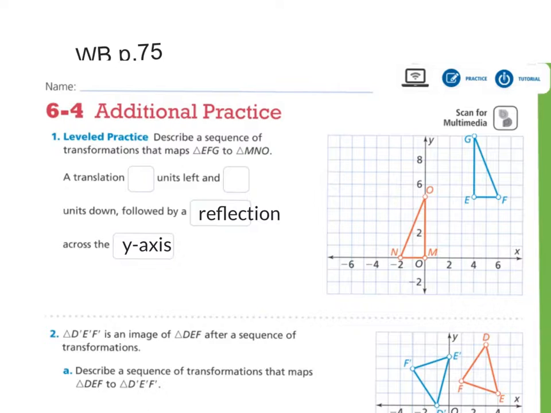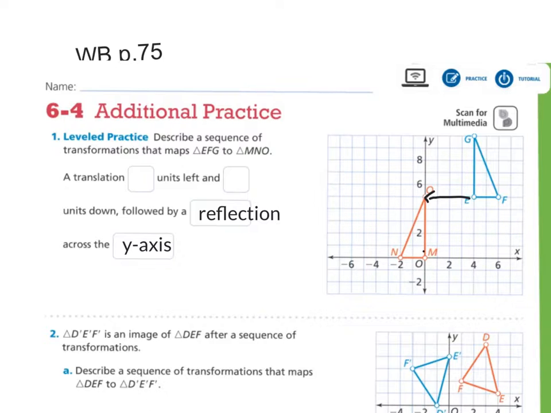If we weren't being guided on this, I might just do a reflection first and then do some translations, but since they said do this order, then we need to do this order. Okay, so if we're reflecting across the y-axis, notice O and M are right on the y-axis, so when we're translating this, we're going to have to translate and get it just right on top of that y-axis.